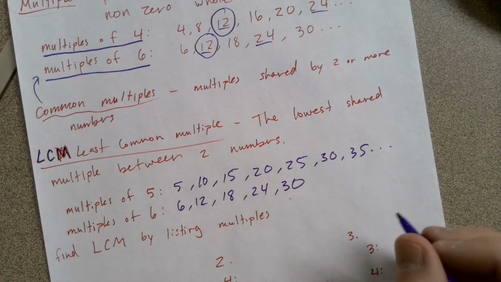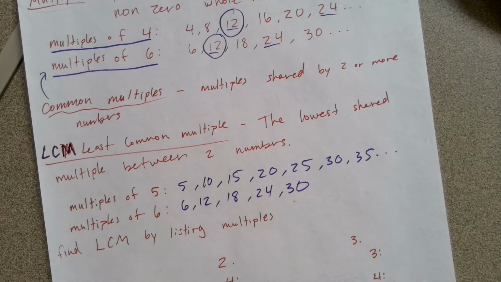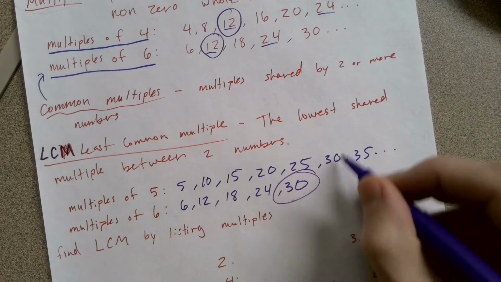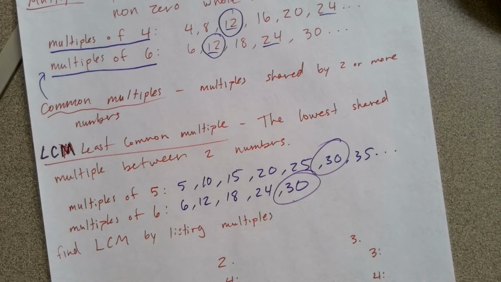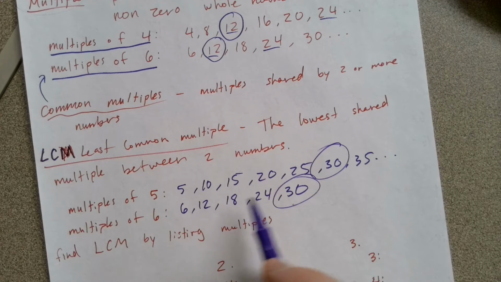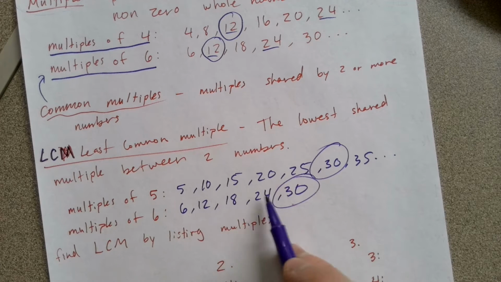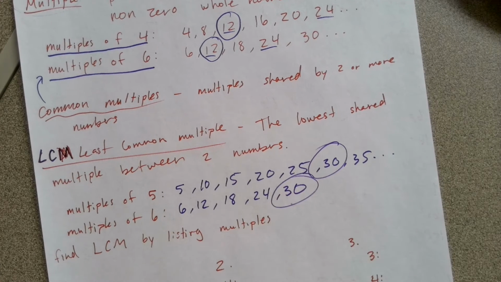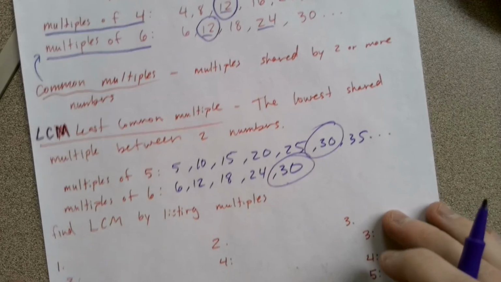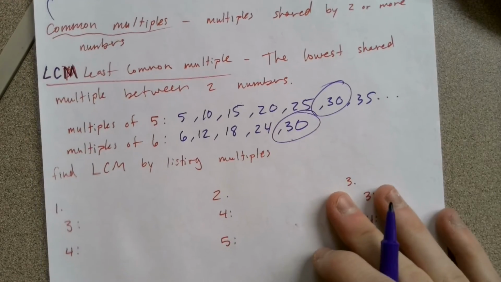Oop, I noticed something already right here. Their lowest common multiple, they both have a 30. That is our least common multiple. We can stop once you see the same number in both. So I just listed off all of the numbers, multiplied by 1, 2, 3, 4, 5, and 1, 2, 3, 4, 5, 6. And I found that they had 30 in common. Super quick, super simple method for doing that.